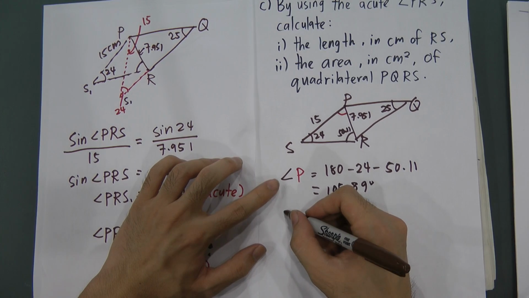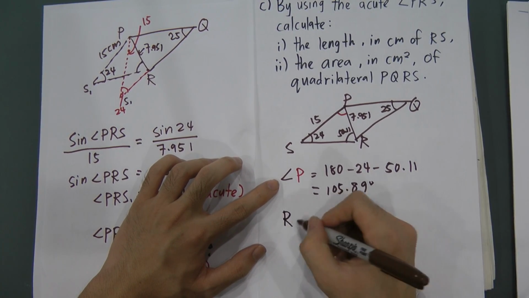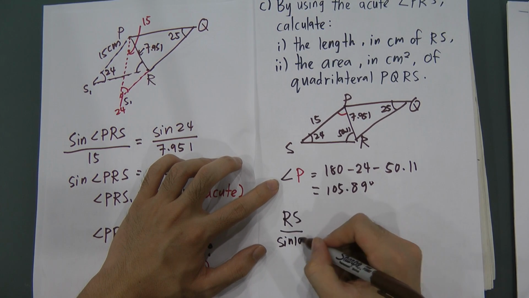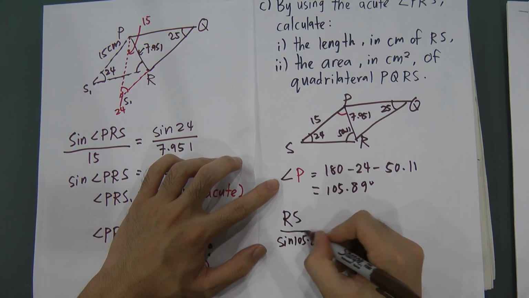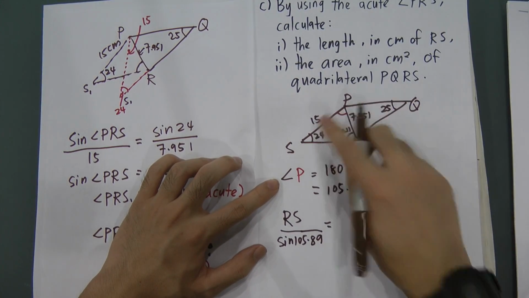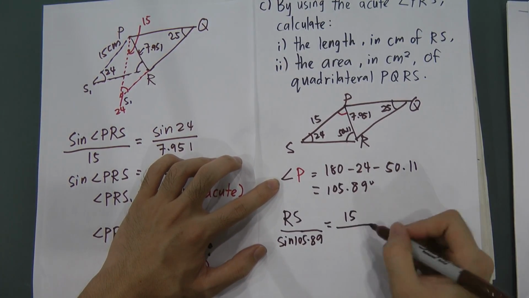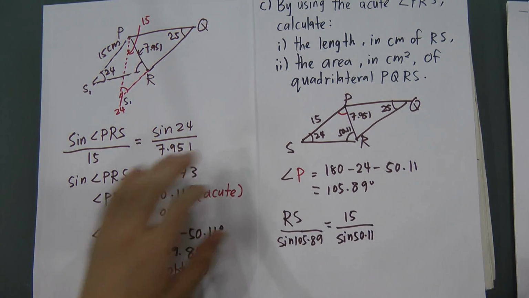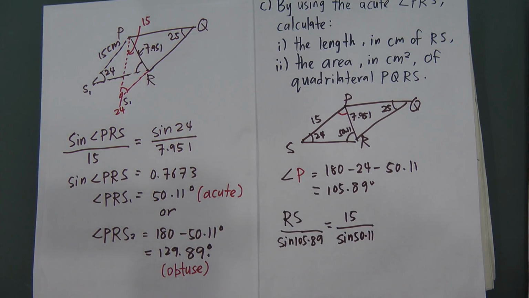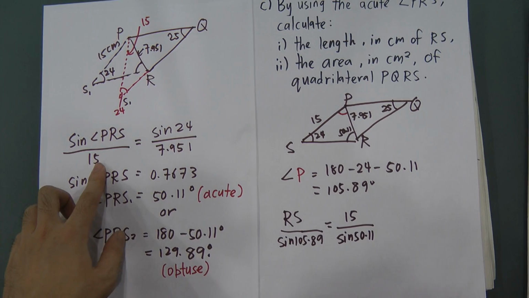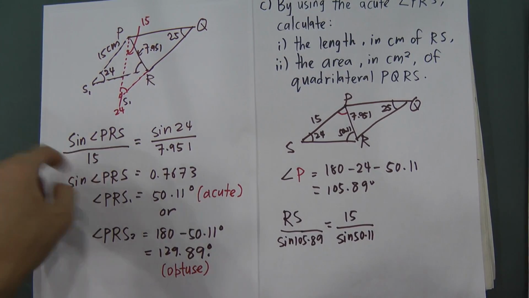Using the sine rule I mentioned just now, RS divided by the opposite angle, sine 105.89, will equal to, you simply choose one side you like. I choose this side, 15 divided by sine 50.11. Still remember this formula? This is the sine rule. For this sine rule, you can write the length on the top, or write the sine angle on the top.